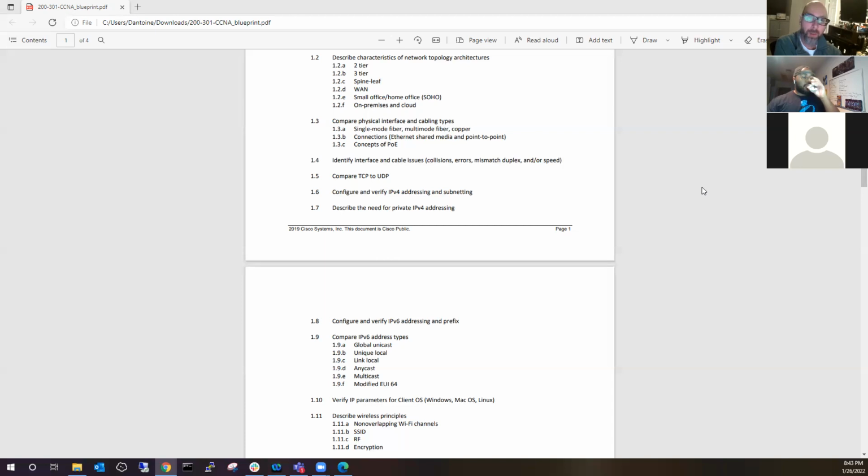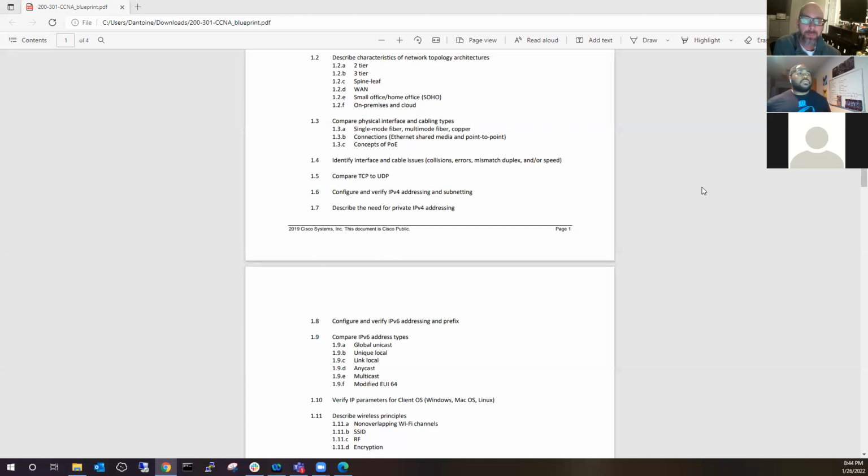Multi-mode is two-way, I'm kind of stretching a little bit, one is going each way. Single mode is the longer distance, multi-mode is shorter distance.